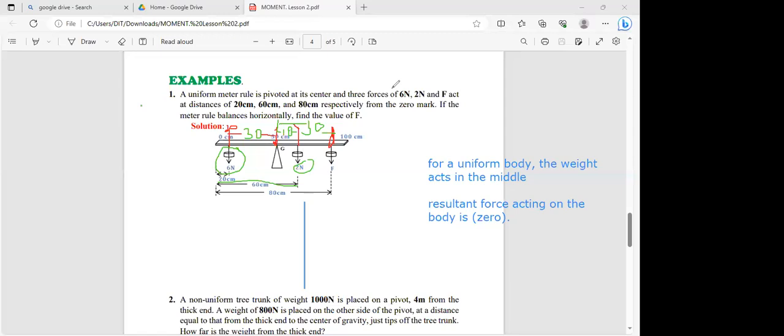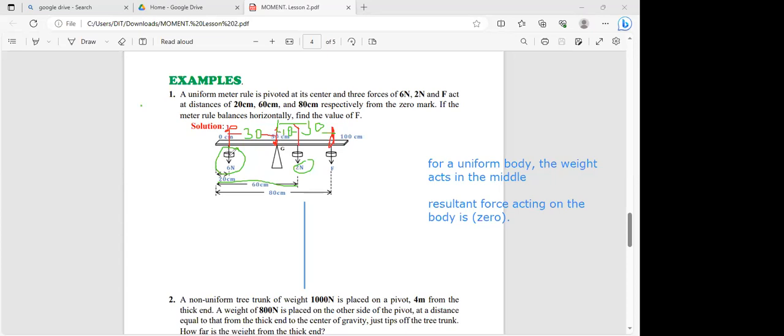So someone is asking me about the distances. If the question is telling us that all these distances are from the 0 mark respectively, we have to get the distance from the pivot, because the moment is the product of force and its perpendicular distance from the pivot or from the turning point.